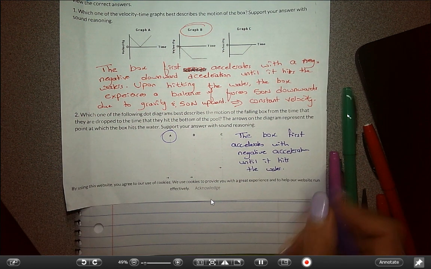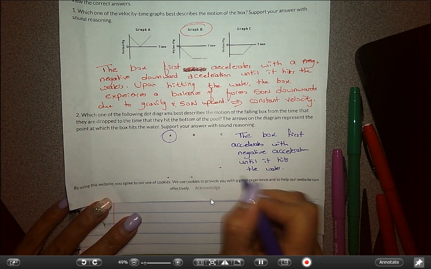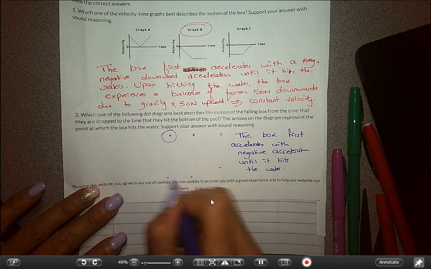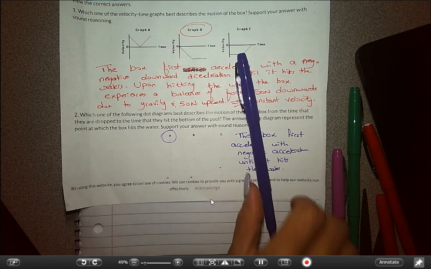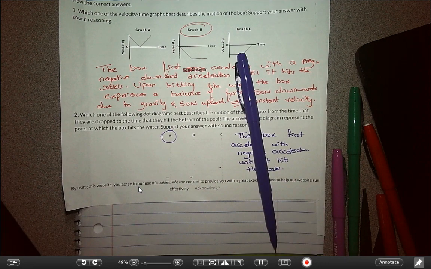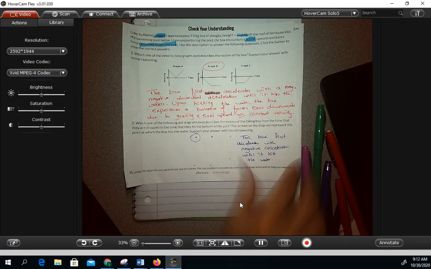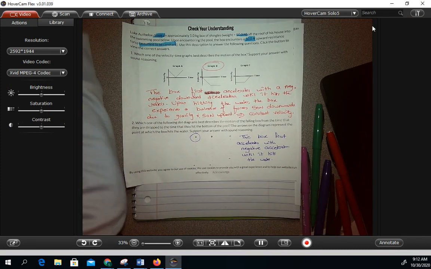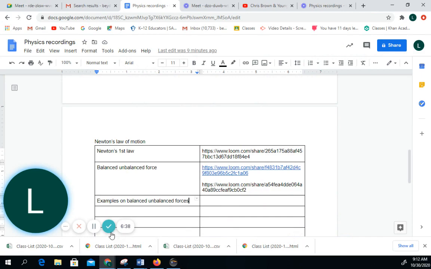All right, and then there was a change in acceleration, and then it moved into constant speed, and it hit the bottom of the pool. So this is the first example, and I'm going to post another video for the second.